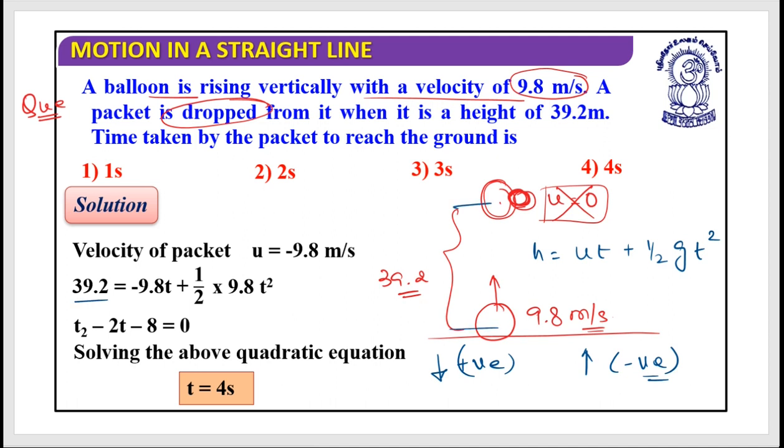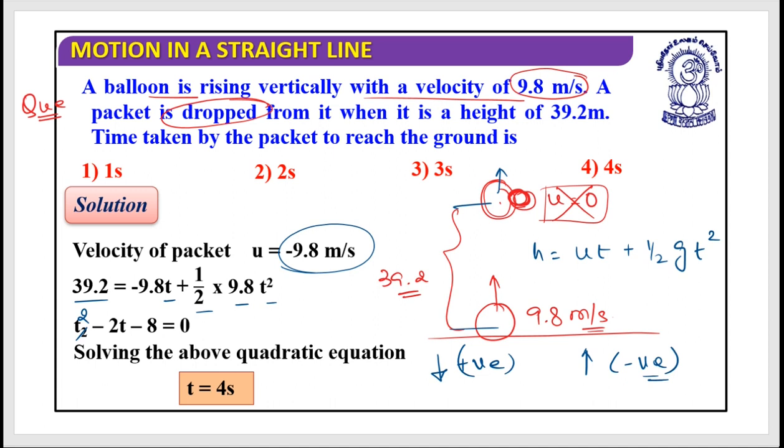The distance is 39.2. As the packet has been dropped but the balloon is moving upward, u should be minus 9.8. So 39.2 = minus 9.8 t plus half into 9.8 into t square. If I solve this, I get t square minus 2t minus 8 equals 0.